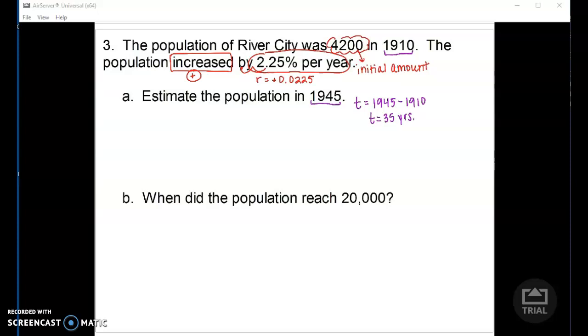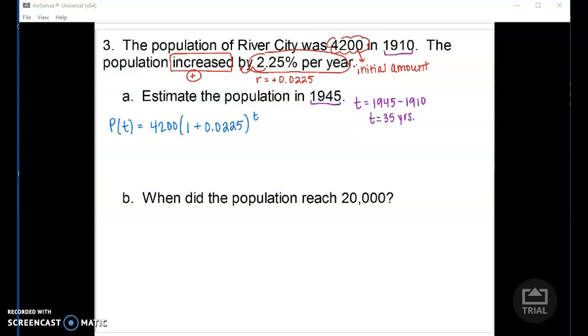So we're going to make our equation. P of t equals our initial amount, which we said was 4,200, times parentheses 1 plus the r value we said was 0.0225, and then that's always going to be to the t power. So that's our equation there.